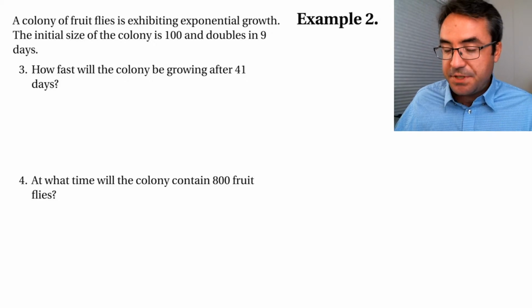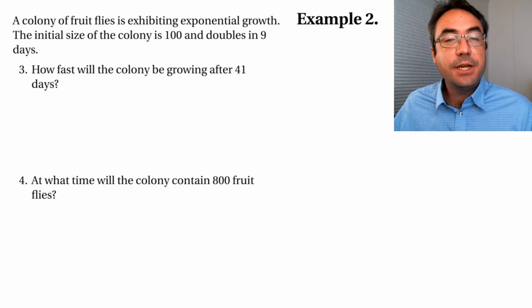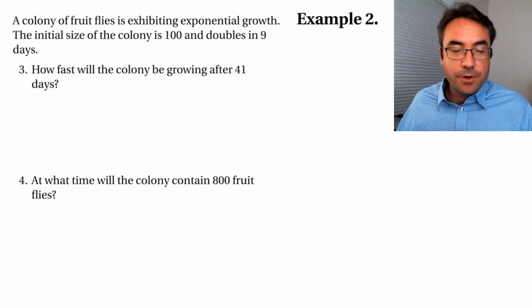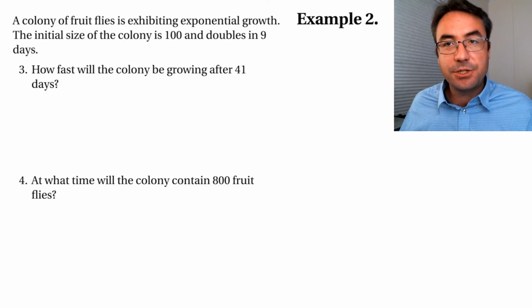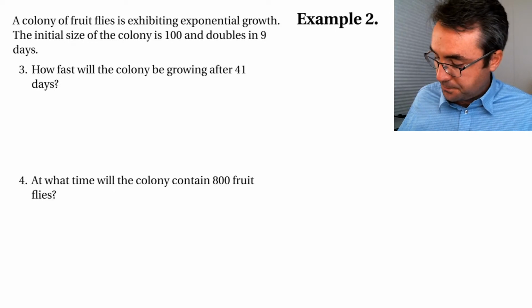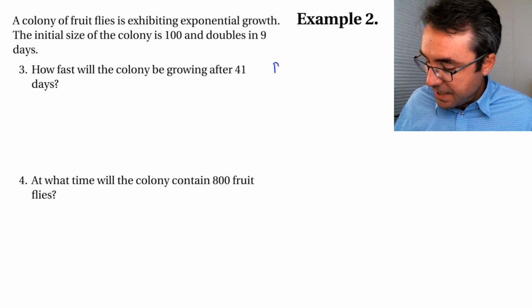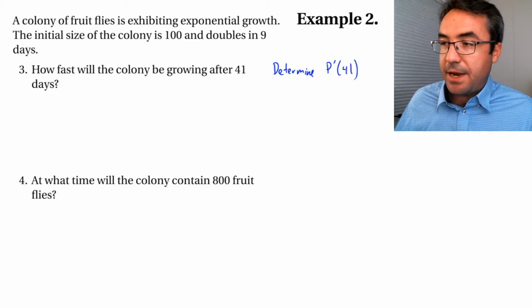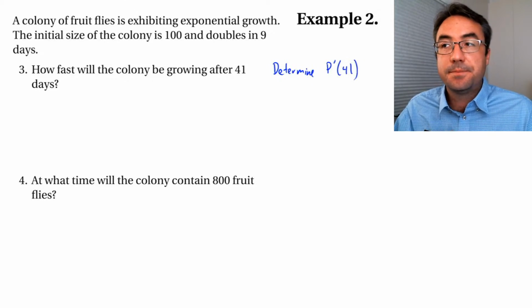So when we talk about how fast our population is growing, or increasing or decreasing, or a rate of change, we're really talking about the derivative. So this is asking us to determine the derivative evaluated at t equals 41.